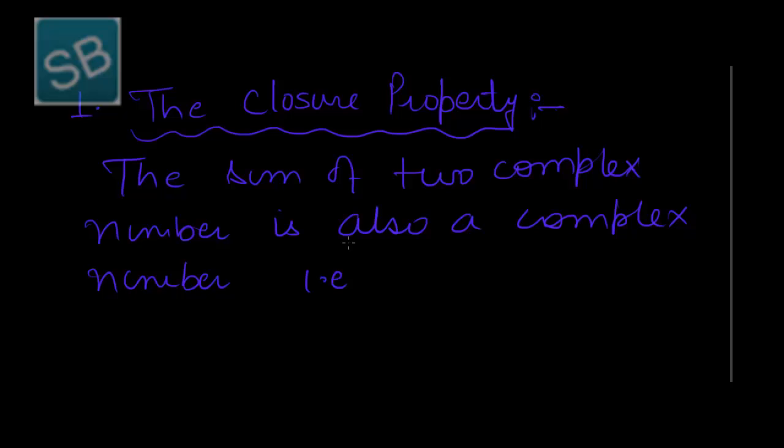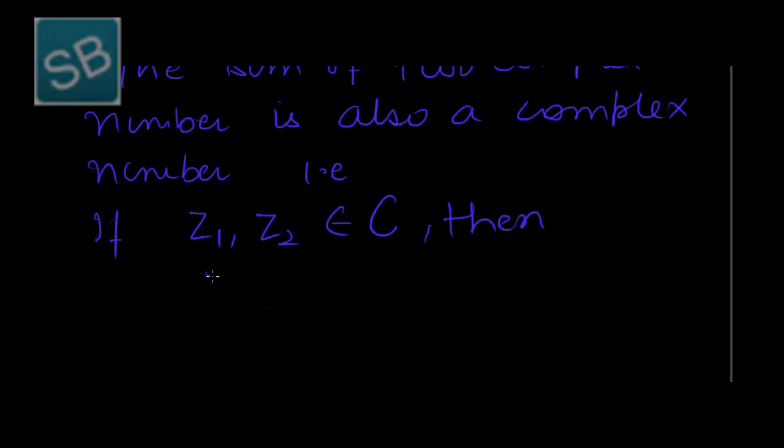That is, in mathematical form, if Z1 and Z2 are two complex numbers, then their sum, Z1 plus Z2, must belong to the complex numbers.